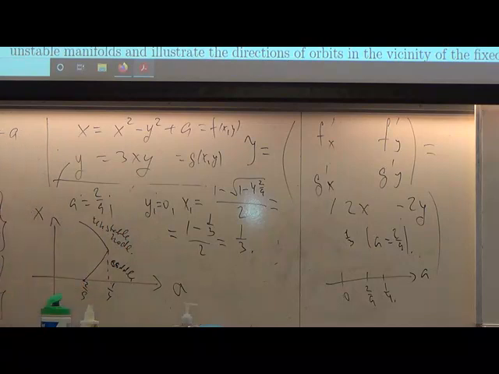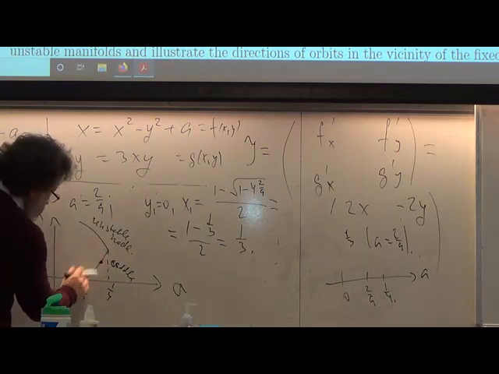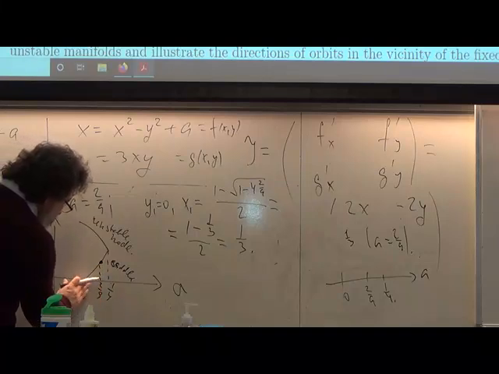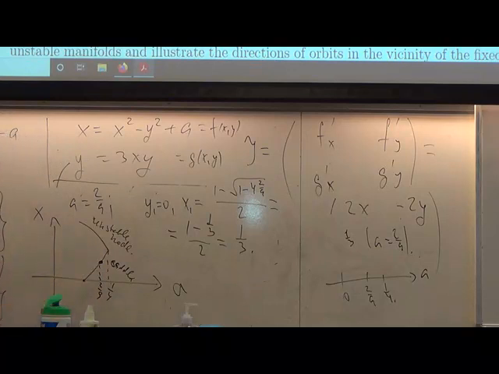It gets y equals 0 here, and x equals 1/3. Somewhere here, this root coincides with these two. So we have 3 roots coinciding in one place.